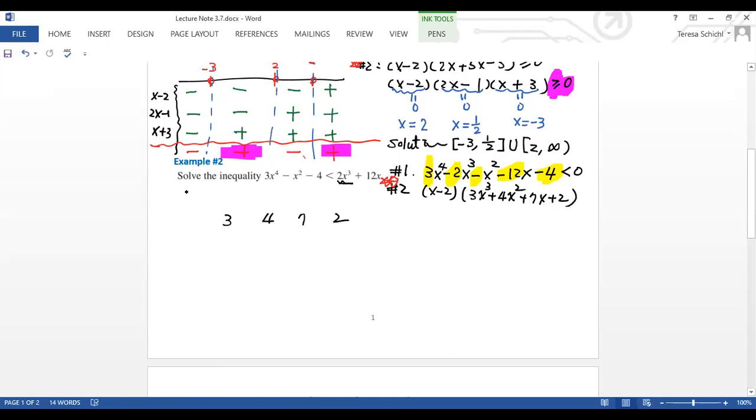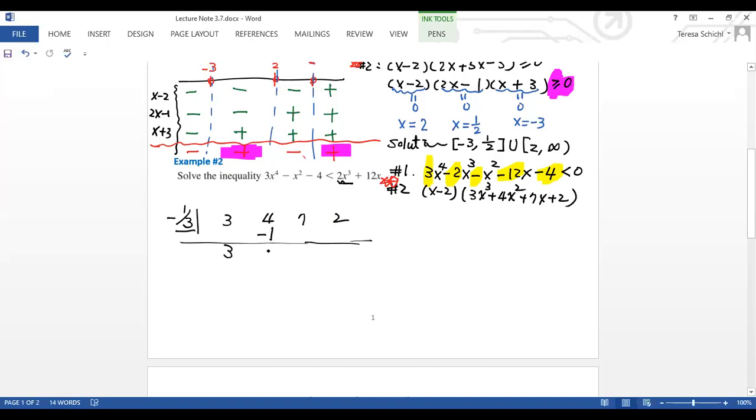So let's try -1/3. Okay, let's take -1/3 to see what happens. The reason why I do that is because I have the 3 in the front. Let's see if we can get rid of that. So 3 drops down. 3 times -1/3 is -1.